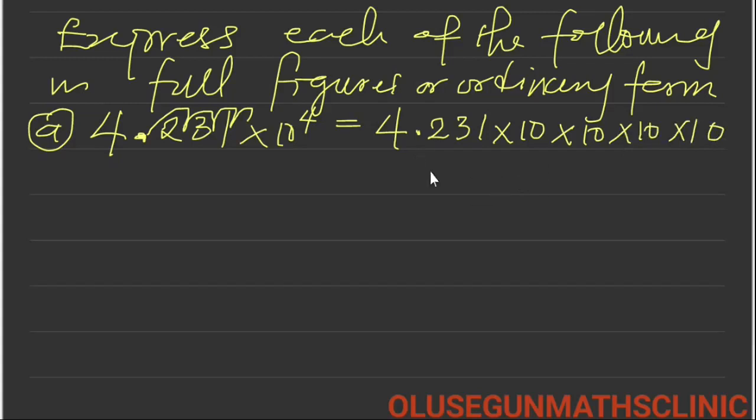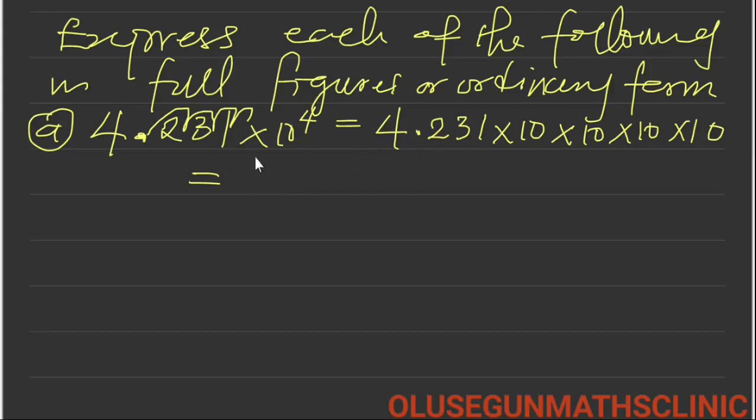So my point moved 4 times. That is how the number of point moves determines the number of tens that you are going to use to multiply.